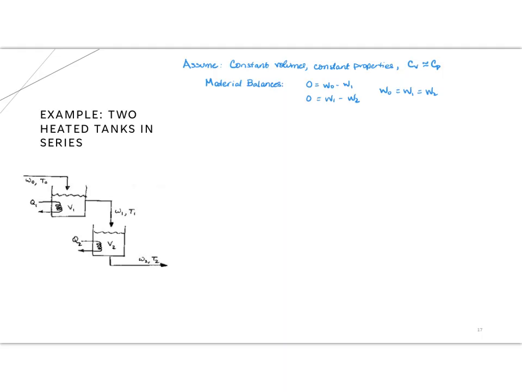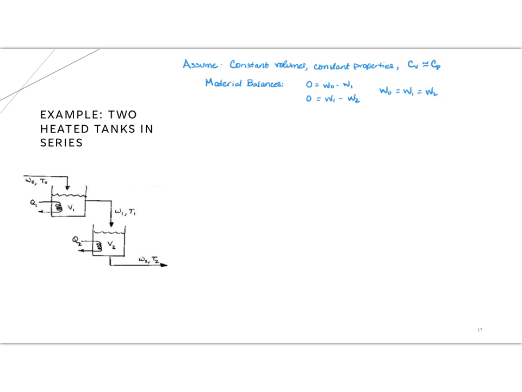Now, in each case, those are equal to what came in minus what goes out. So W0 CP (T0 minus the reference) minus W1 CP (T1 minus the reference) plus the heat transfer to that tank. So for the second tank, it's W1 CP (T1 minus Tref) minus W2 CP (T2 minus Tref) plus Q2.